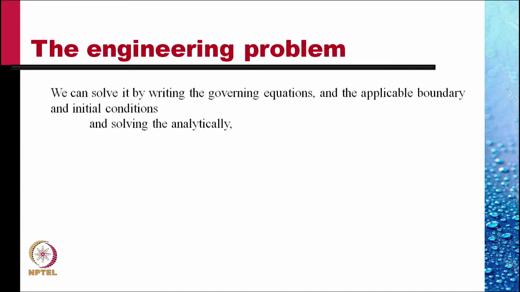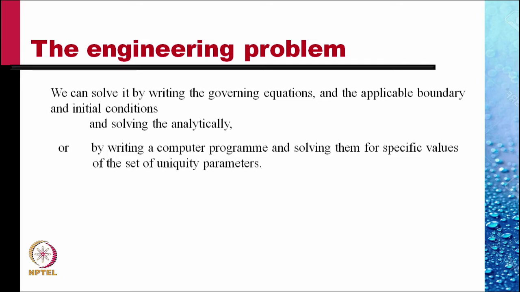To solve these engineering problems, we could either write the governing equations and applicable boundary conditions and solve this analytically using mathematics, or we could write a computer program for solving them and then solve for a specific set of uniquity parameters.